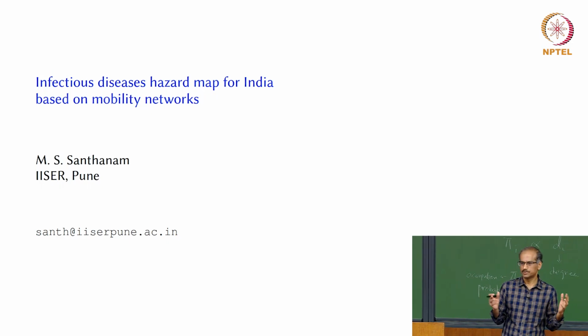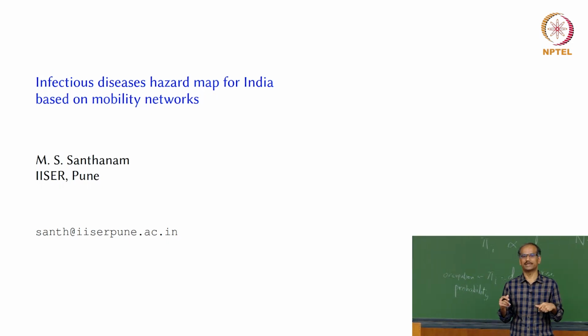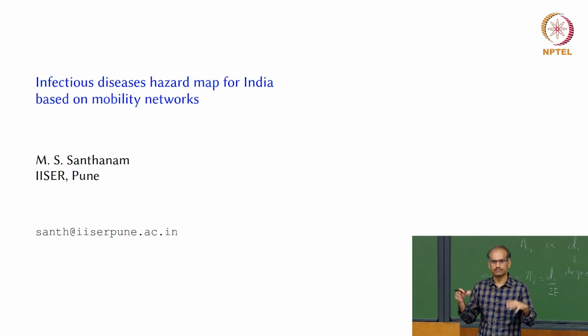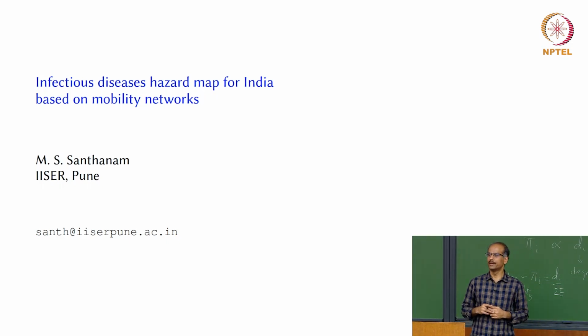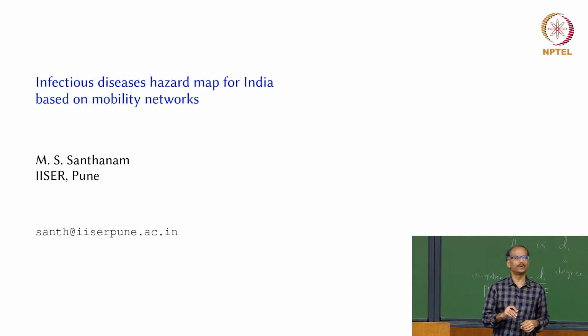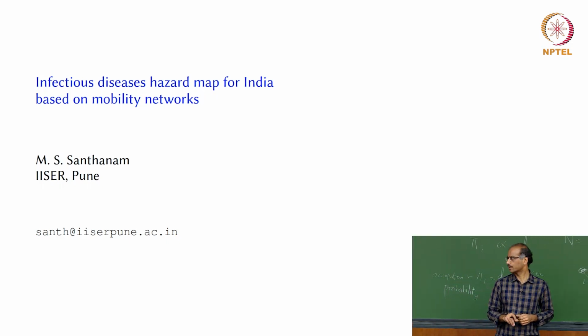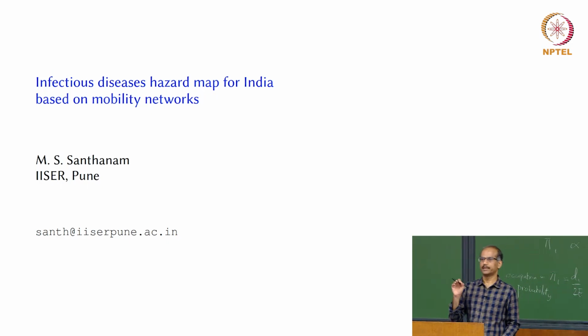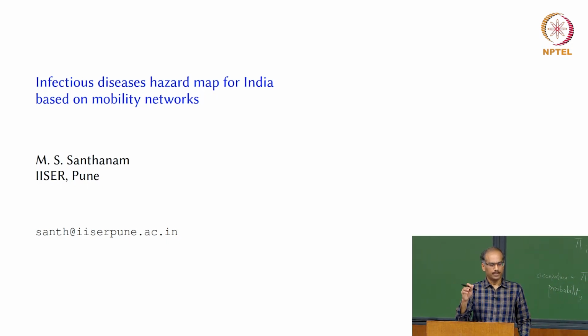So you can write down several variants of these compartmental models, try to include many more effects. Instead, what we were asking is not about predicting how many people are going to get infected or how many will die, but more about what is the danger of a city being infected.